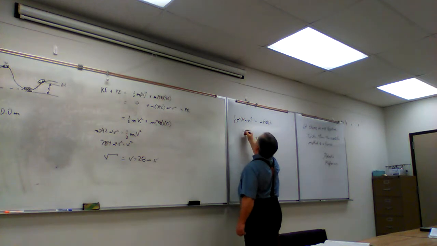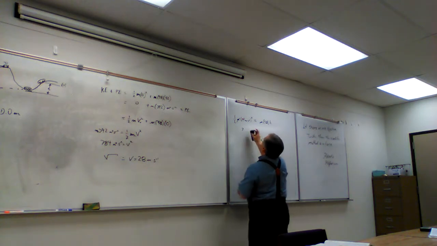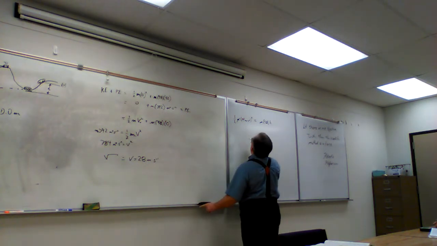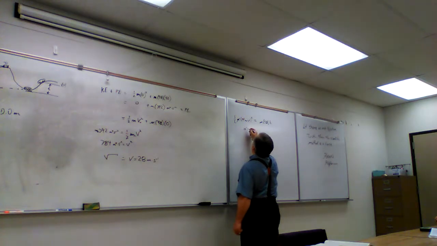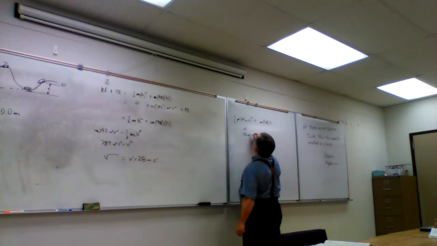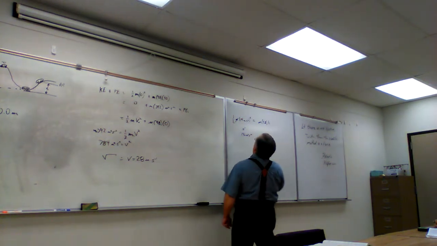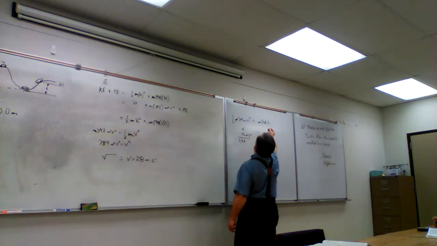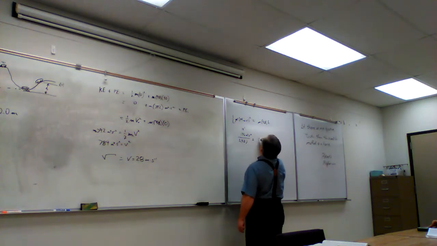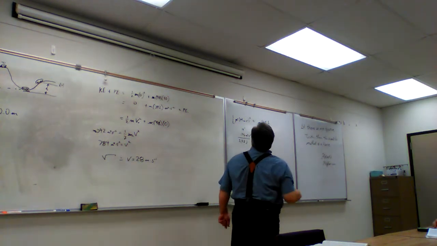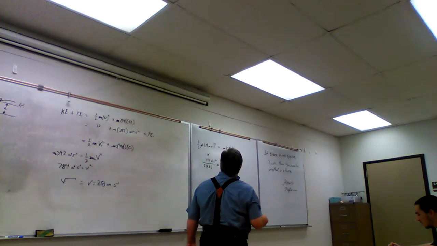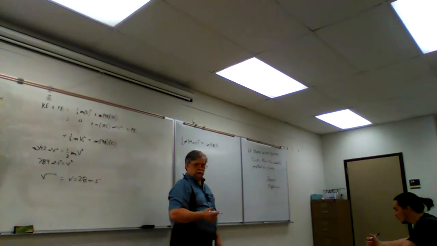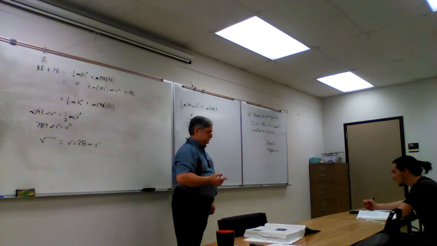The m's cancel. Oh, that's not 14, though. That's 14 squared. What's 14 squared? 196. So we've got 196 meters squared per second squared divided by 2 times 9.8, because we're dividing out by g, is equal to h. So what's 196 divided by 2 and then by 9.8?